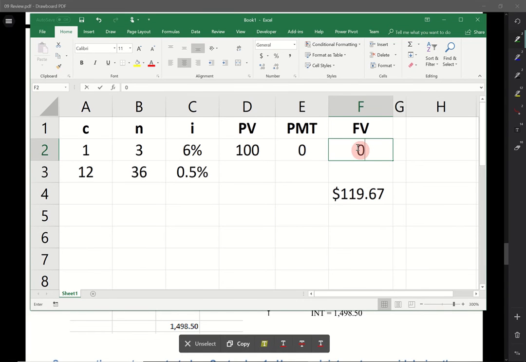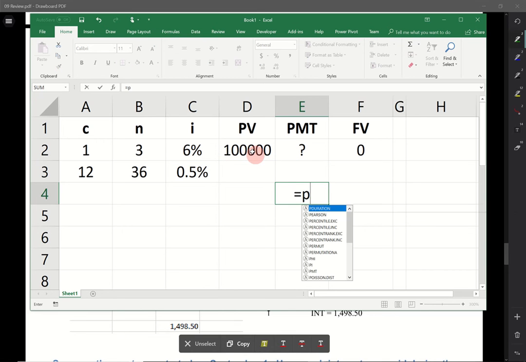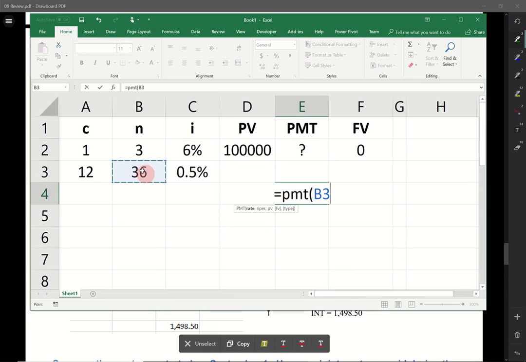And for a future value, here we want to say it's 100,000. And now let's compute the present value, right? So let me get rid of that one, and we'll say equal PMT. Okay, and so we'll say just pick up this. We'll pick up the rate first.